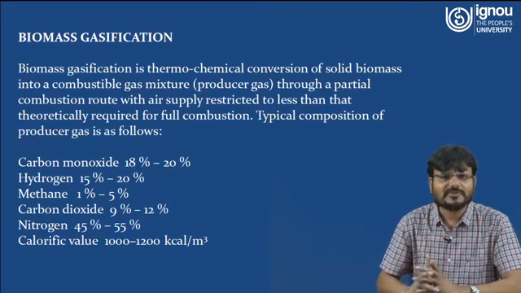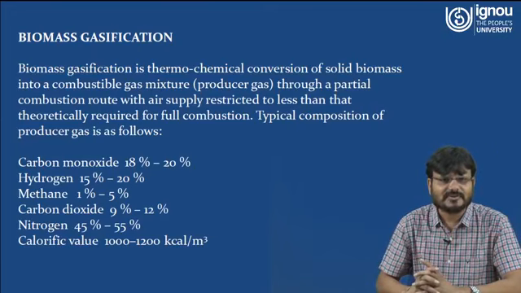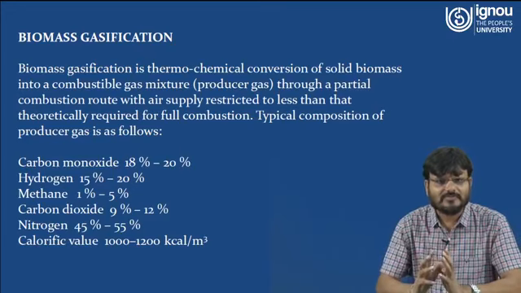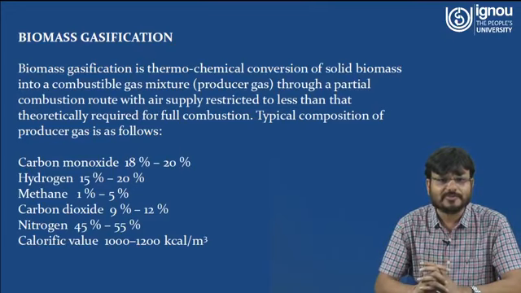The typical composition of producer gas is as follows. It has carbon monoxide, hydrogen, methane, carbon dioxide, nitrogen, and a calorific value. The carbon monoxide is about 18 to 20%, hydrogen is 15 to 20%, methane 1 to 5%, carbon dioxide 9 to 12%, and nitrogen is 45 to 55%.